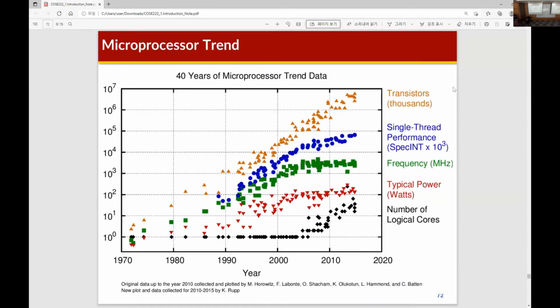But this trend is facing its end. Everyone says that Moore's law is ending recently, because, as you know, the transistor size is very small. Currently, Intel is using 10 nanometer technology, which means the channel width is just 10 nanometer.